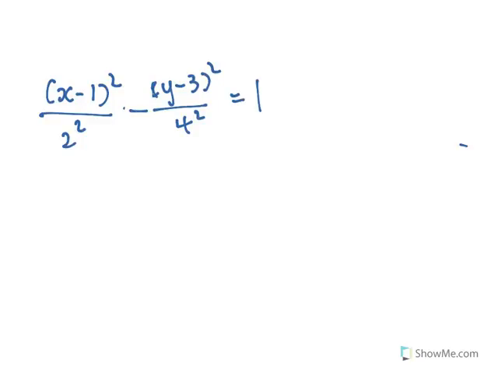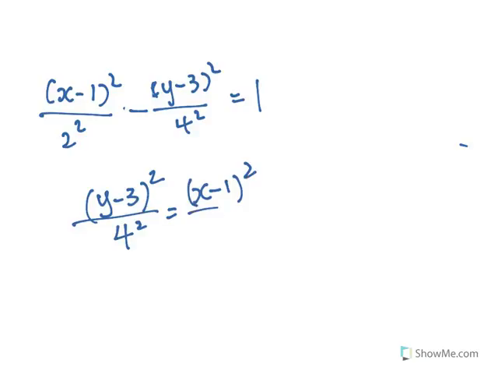Find the equation of the asymptote. You need to sketch the asymptote to draw. So all you need to do is take this equal to this. (y minus 3) squared over 4 squared equals (x minus 1) squared over 2 squared. Square root both sides: (y minus 3) over 4 equals plus or minus (x minus 1) over 2.